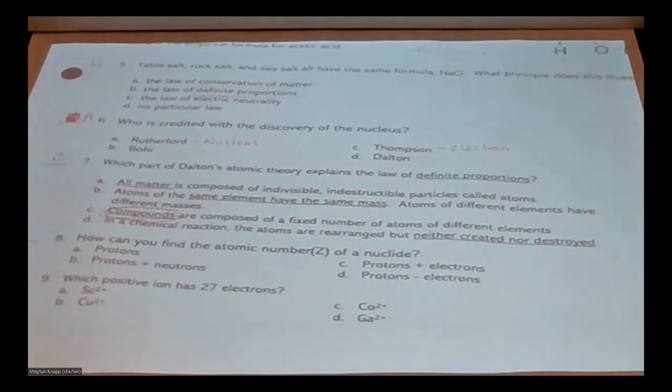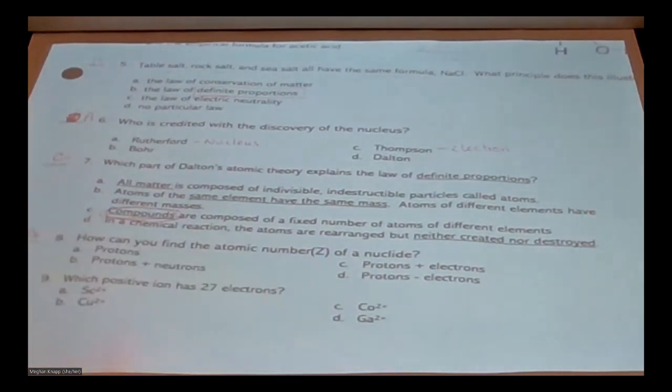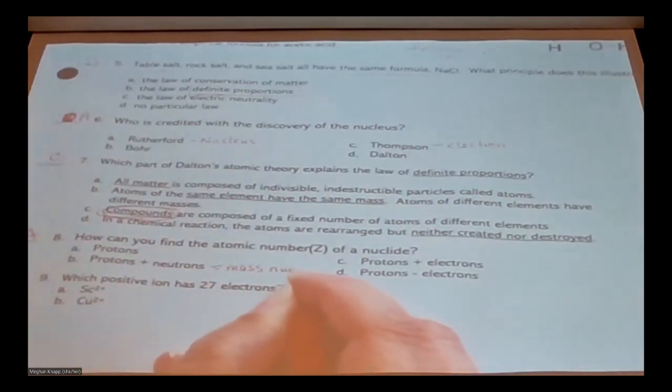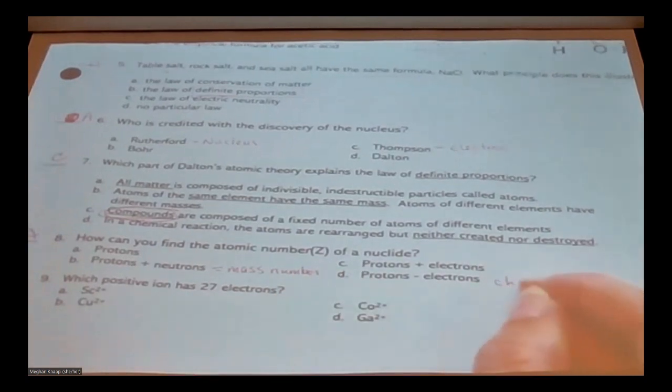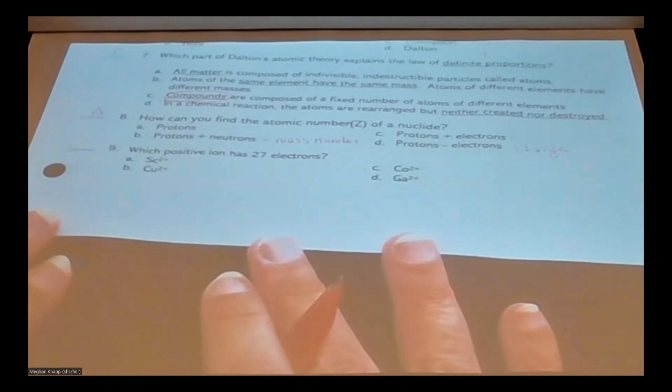All right. The atomic number is A, protons. If you had the mass number, that would be B. And if you had the charge, that would be D. We use this in the next one. Okay. So this says, which positive ion has 27 electrons?